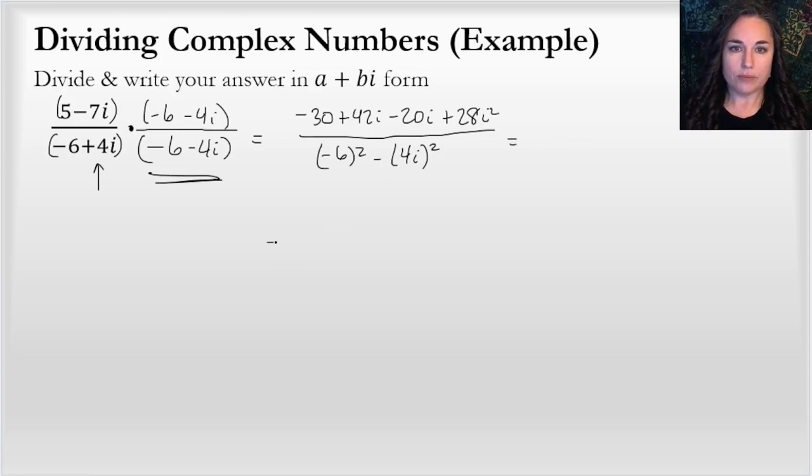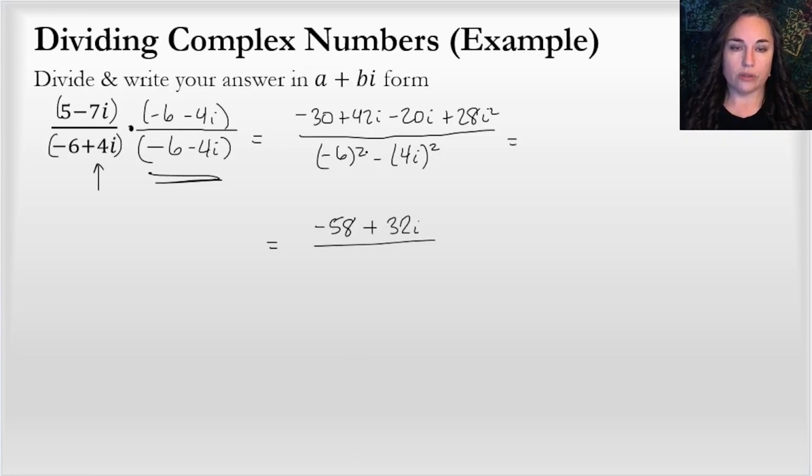So the top simplifies to, what do I have? 28i squared is -28. So I get -30 minus 28, which is -58, is my real part of that numerator there. And then on the imaginary calculation, I get 42 minus 20i, which is 22i.